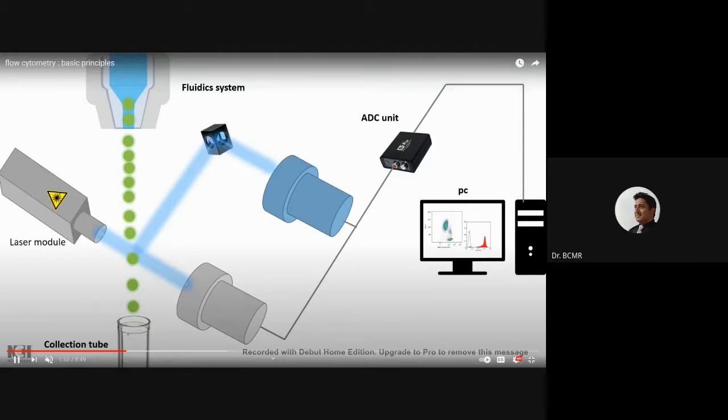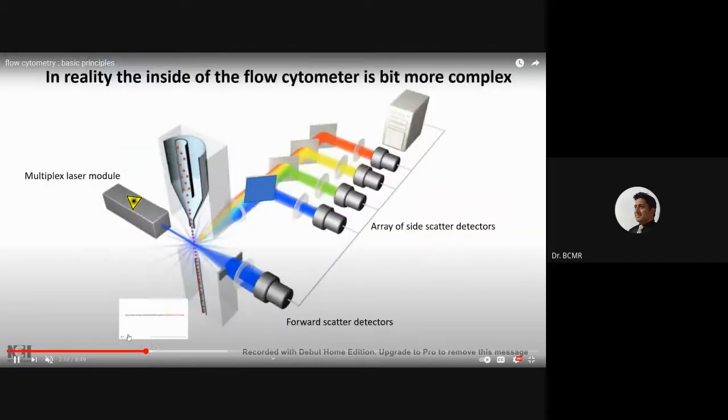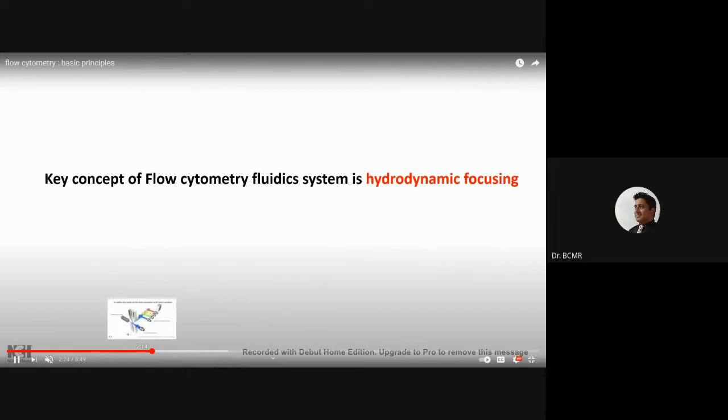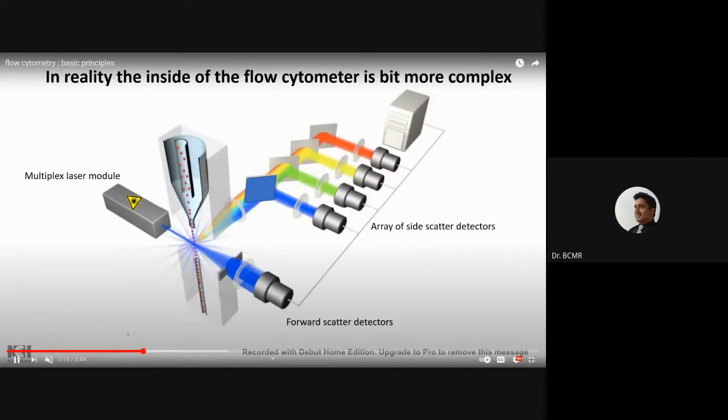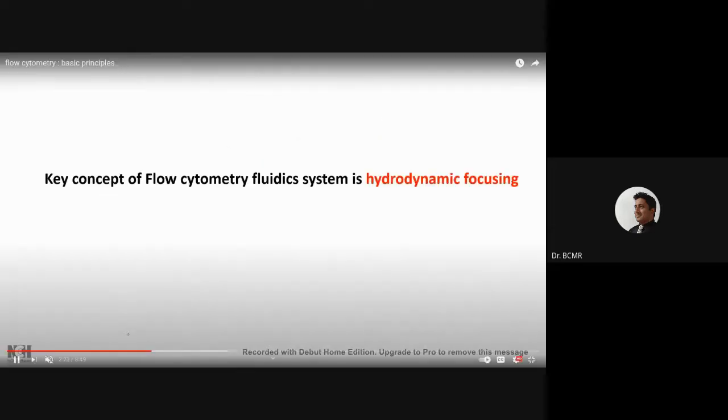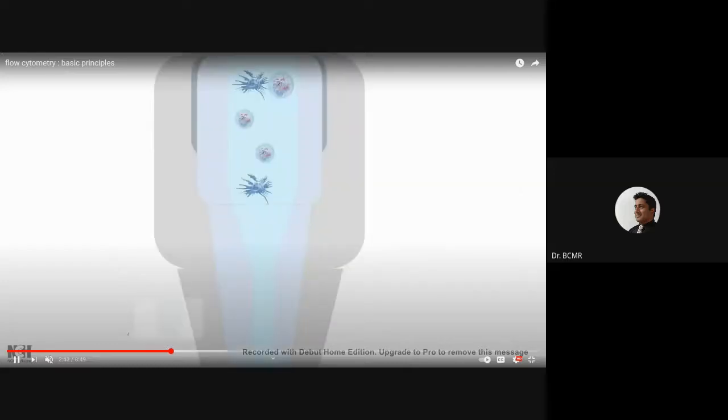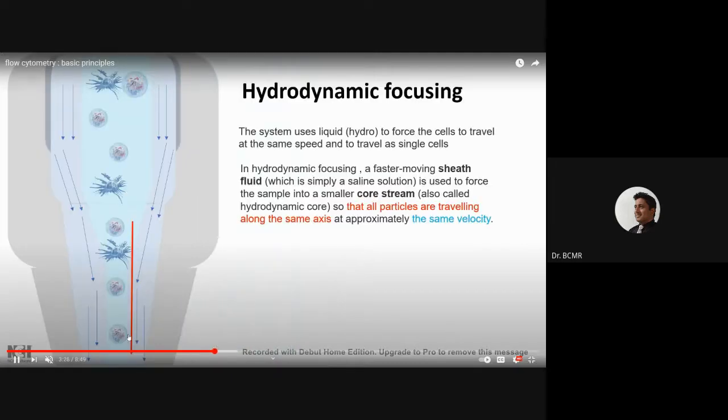If you have just the forward scatter concept, you can also have only for forward scatter. It depends. We will discuss about it later, maybe if required. But otherwise, we can also detect colors and so on, like for fluorescence. So this is how probably the cells will look like.